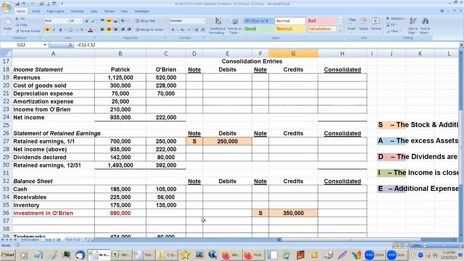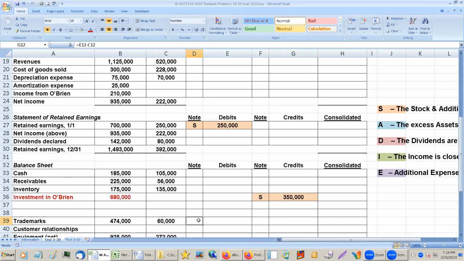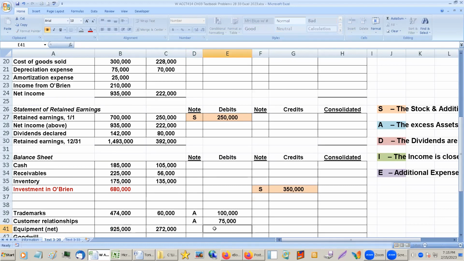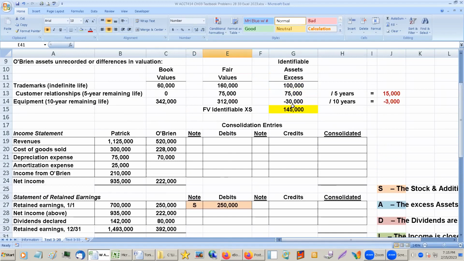$100,000. Customer list. I think it was 75, wasn't it? Better check. Yep.